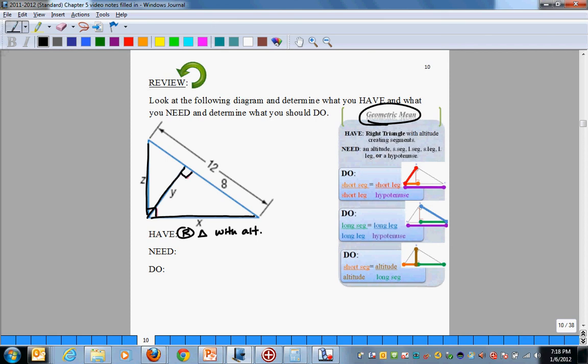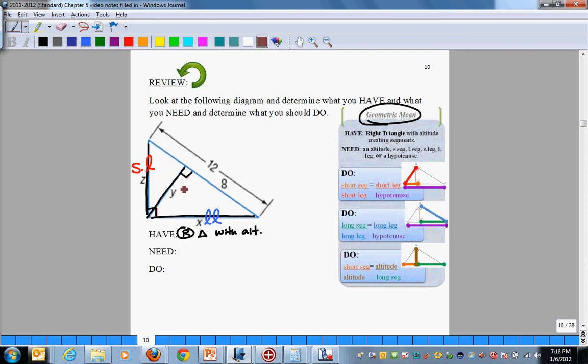First off, let's label what we have. Our Z here is going to be our short leg, so I'm just going to use the abbreviation SL. And our X is going to be our long leg, so I'm going to do LL.